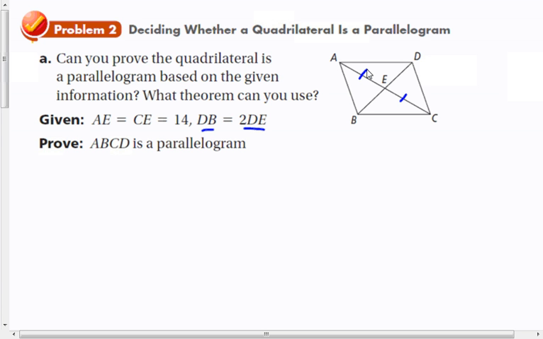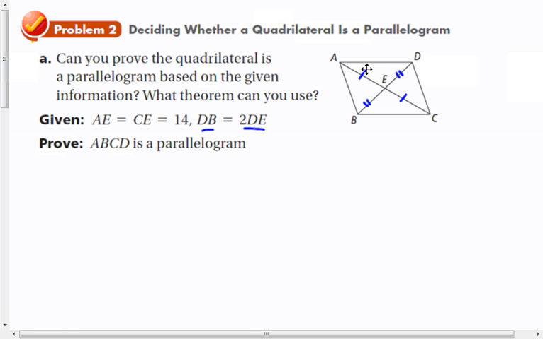And just thinking about this, since DB is equal to 2 times DE, and both DB and 2DE contain the segment DE, we can use subtraction to show that DE is congruent to EB. So we're going to get this. And then since those are congruent, we have that AC and BD bisect each other. And if they bisect each other, then ABCD is a parallelogram. So that's the idea here.